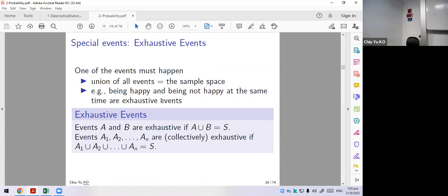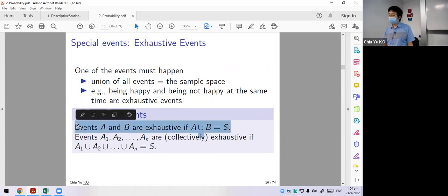Happy and not happy are exhaustive, right? Anything and its complement must be exhaustive, because they add up to the sample space. This is the definition, technically: one of them must happen.